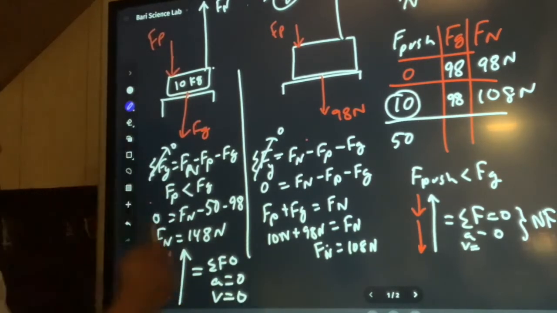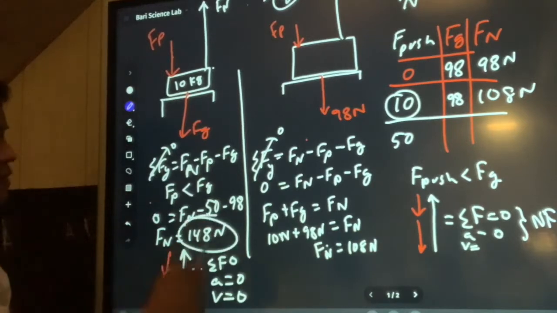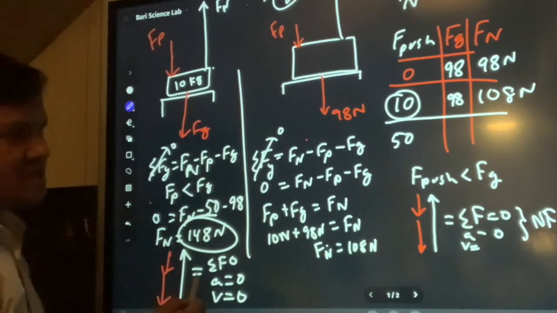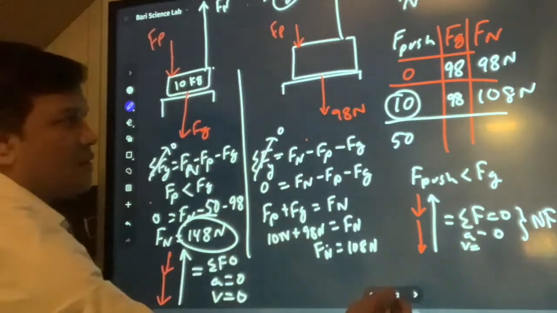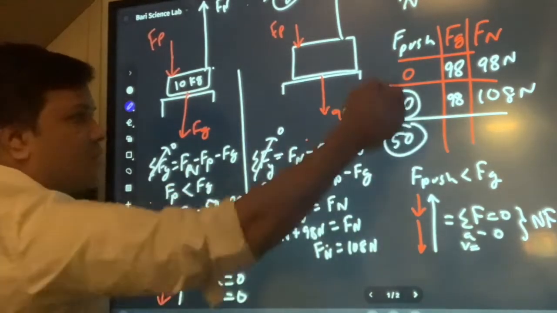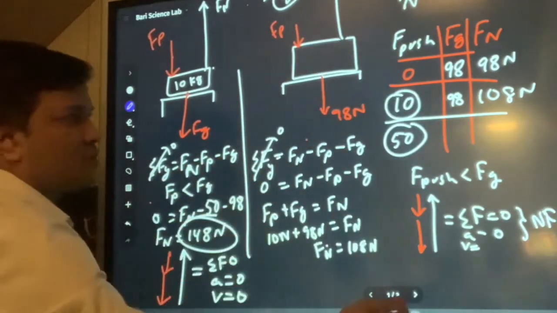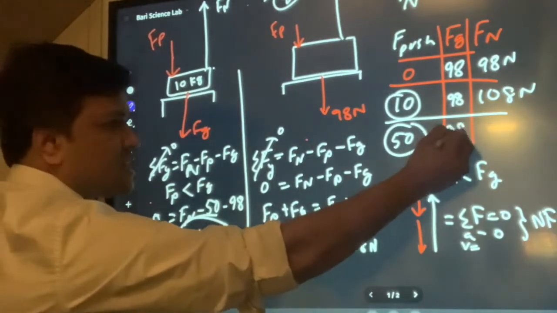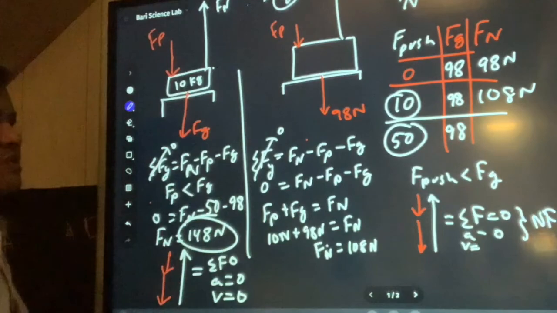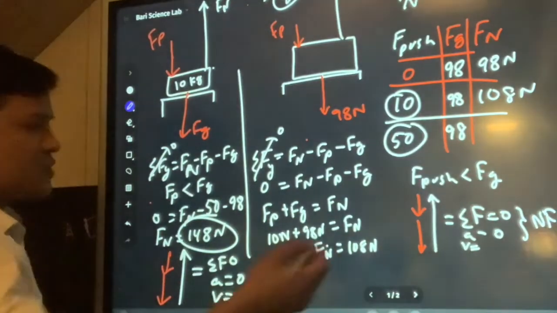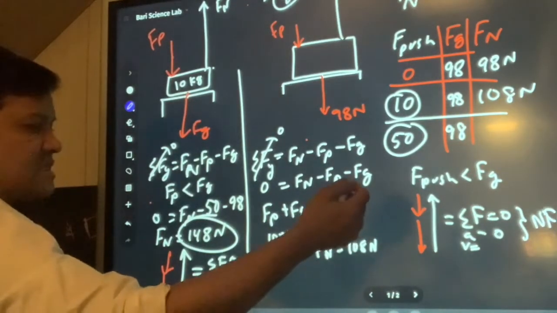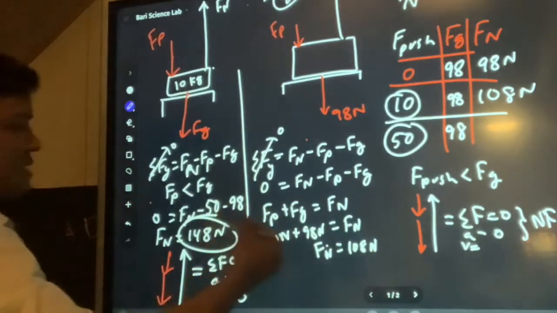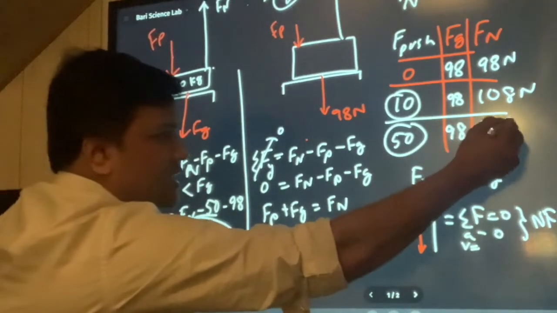However, it changes the normal force to 148, and as you see, if you push the box by 50 Newton, then the weight is still the same. However, the towel has to do so much to keep the box still at rest, and that is 148 Newton.